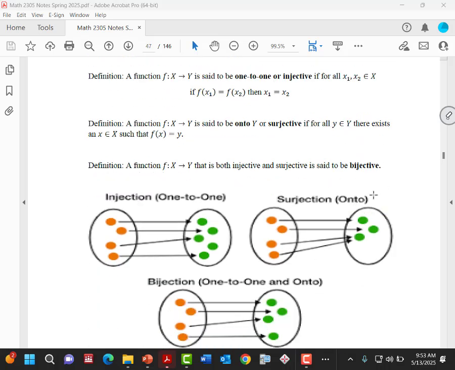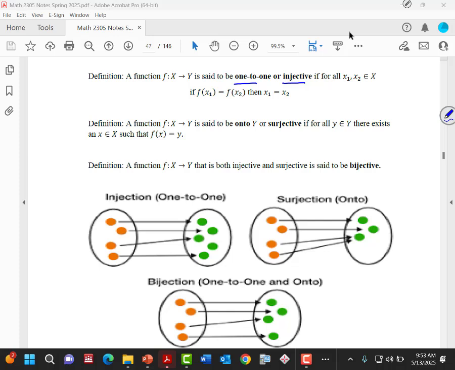new definitions. So a function f mapping X to Y, so the domain is X, the codomain is Y, is said to be one-to-one, or some textbooks will use the word injective, if for all x1 and x2 in the domain, if f of x1 equals f of x2, then x1 equals x2.